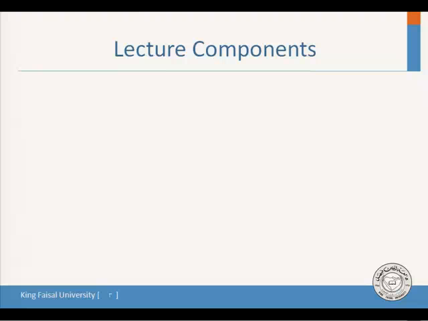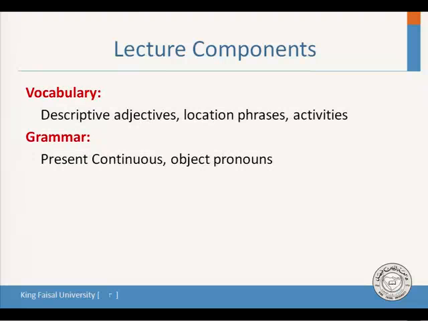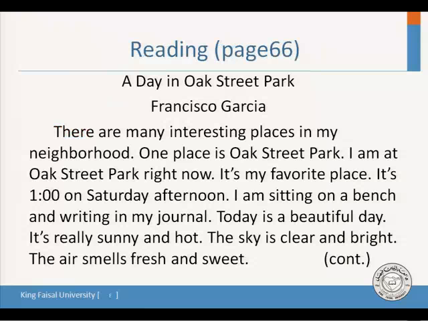The lecture components for today: we will have some vocabulary items. We'll talk about the descriptive adjectives, location phrases, and activities. Under the grammar component, we have the present continuous and the object pronouns. These are the 2 components for today.